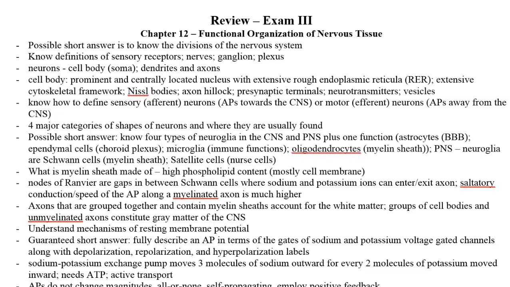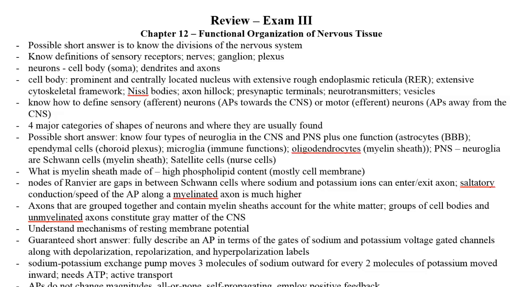So the cell body then, as we already talked about, has the big old nucleus in the middle. It's got extensive rough endoplasmic reticula, and that rough endoplasmic reticula, along with the ribosomes, are known as Nissl bodies. And you should also know there's plenty of microtubules and microfilaments present in the neuron.